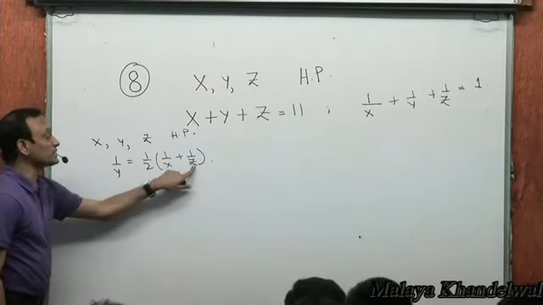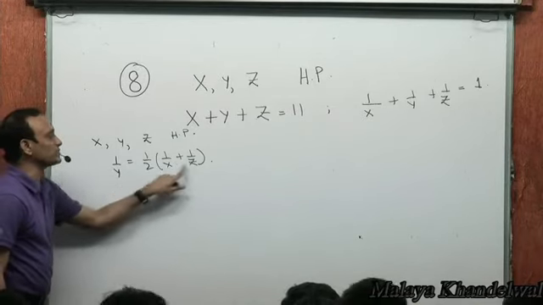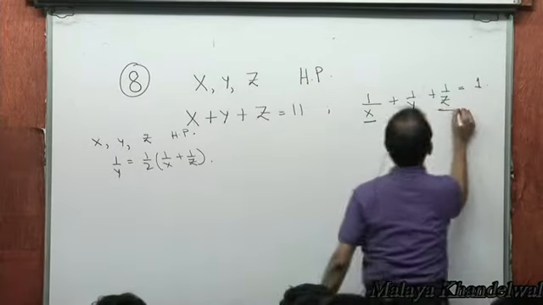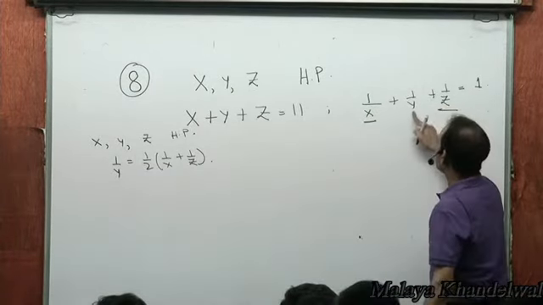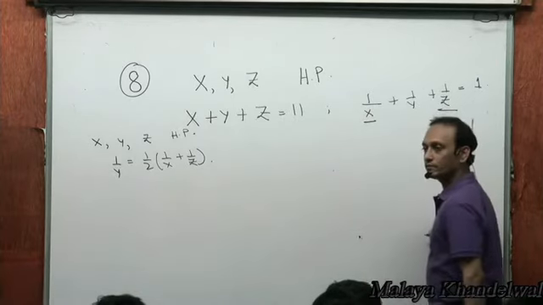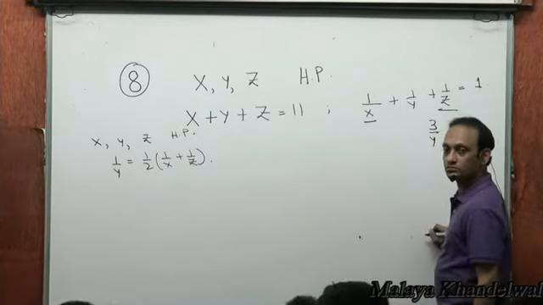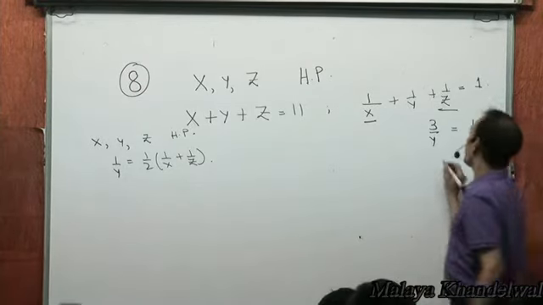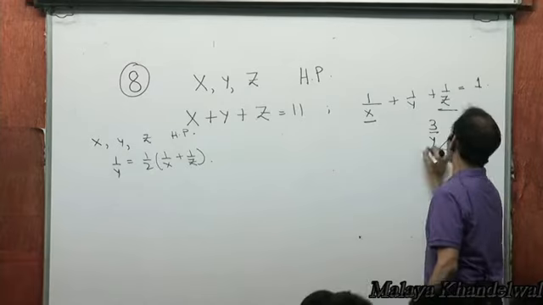That means 1 by X plus 1 by Z is 2 by Y. 1 by X plus 1 by Z plus 1 by Y will be 2 by Y plus 1 by Y, that makes it 3 by Y, which is 1. Yes or no? Y therefore is 3.